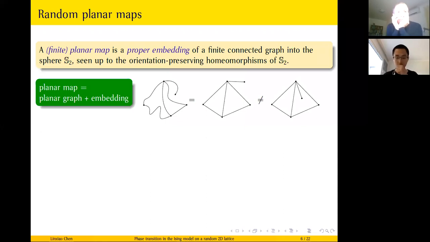The technical term for random 2D lattice is random planar maps. A planar map is just the embedding of a finite connected graph into the two-dimensional sphere without crossing edges. So basically, a planar map is a planar graph with an embedding.